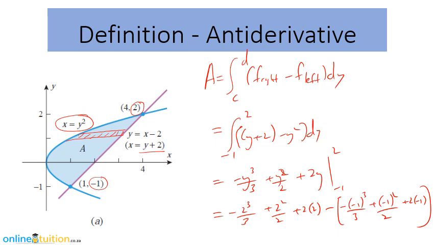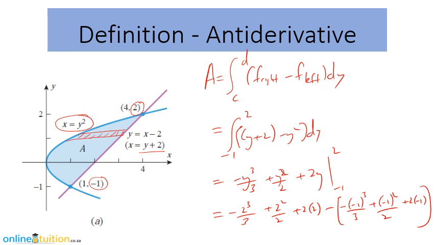Don't use your calculators, these things are easy. 2 cubed is 8, so it's minus 8 over 3. 2 squared is 4, 4 over 2 is 2, plus 4. And then you've got minus 1 cubed. Be careful, minus sign, minus plus, so it's 1 over 3. Minus 1 squared is plus 1, over 2, is a half. Minus 2, with the big fat minus sign in front. So basically what you do is you simplify the brackets, knock in the minus sign, and then add the other three terms. You'll have the area.